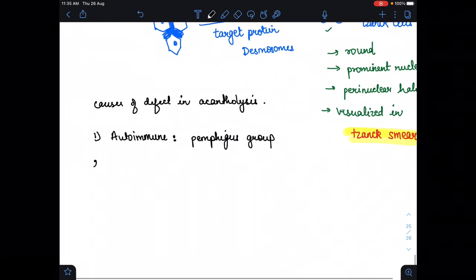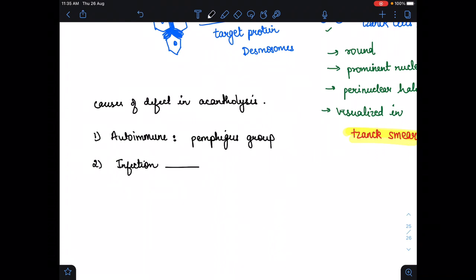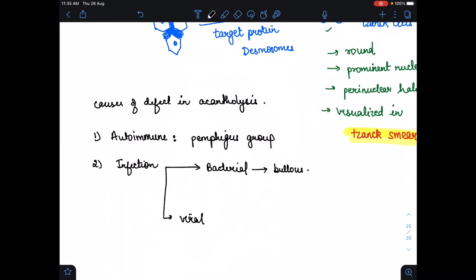The second reason is infection. Due to infection also acantholysis will occur, and the infection can be of bacterial or viral type. In the bacterial type we find bullous impetigo.